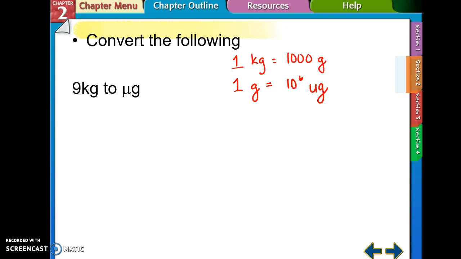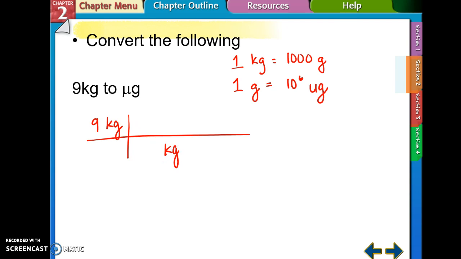Now I'm going to follow my steps again. First thing I'm going to do is start with the 9 kilograms. I'm going to draw my chart and drop kilograms down the way I did last time.